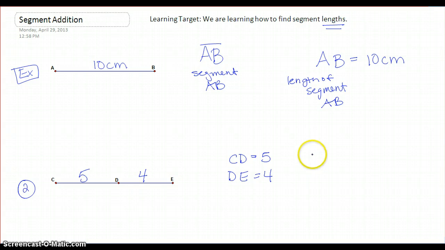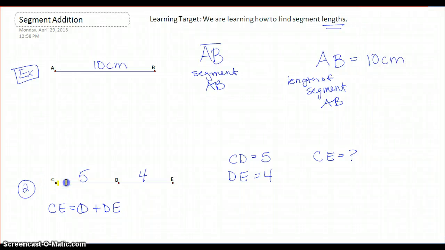If I asked you the question, how long is CE, I would be asking that, how long is CE? Again, using the segment addition postulate, I'm going to write it out first because although it seems clearly obvious that it's 9, I want you to get in the habit of saying it's CD plus DE.